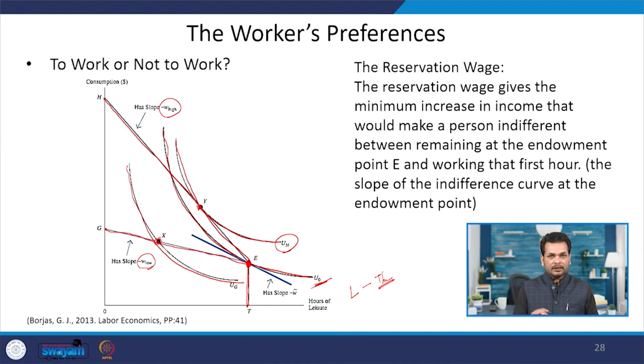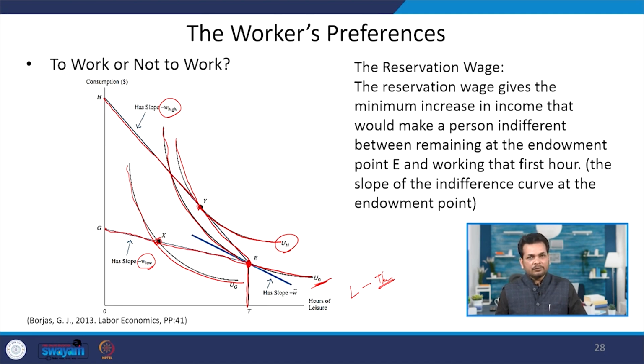So, there is a difference which bribes the worker between these two wage rates, WL and WH, low wage and high wage. This difference is called the reservation wage, the wage at which the minimum increase in income would make the person indifferent between remaining at the endowment point E and working that first hour.